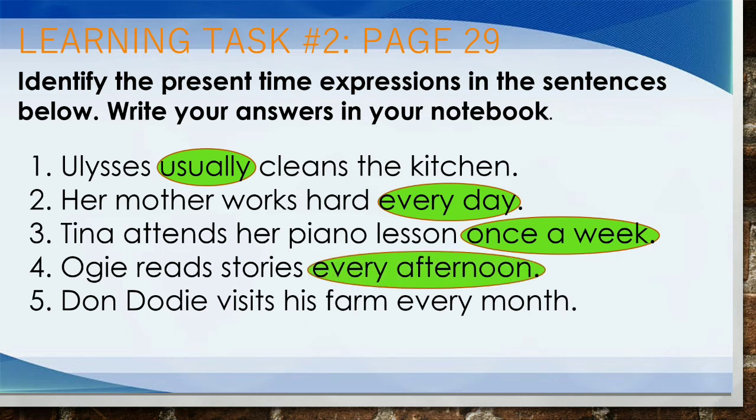Okay, 4 items already. Who got 4 correct answers? Okay, nice. Very good. Last, number 5. Don Dodi visits his farm every month. So, what is the time expression used in sentence number 5? Okay, very good. Every month.